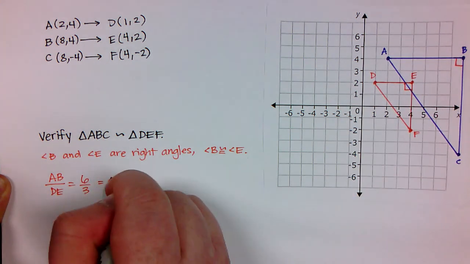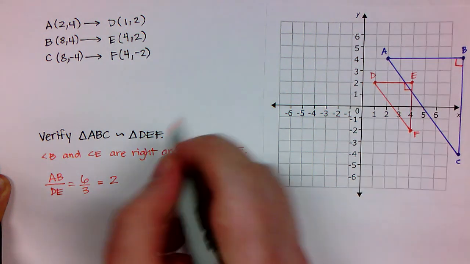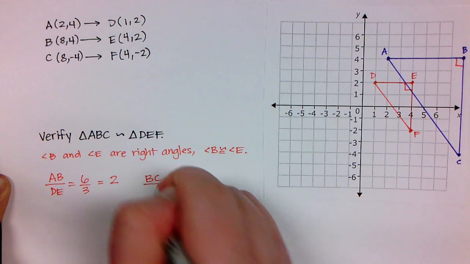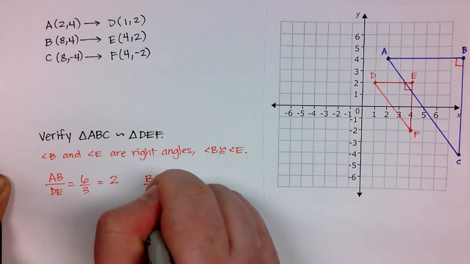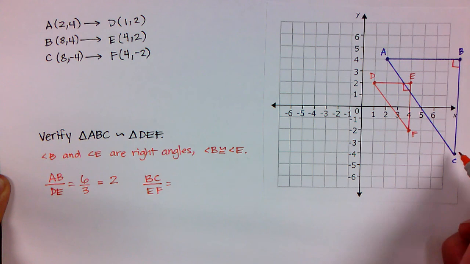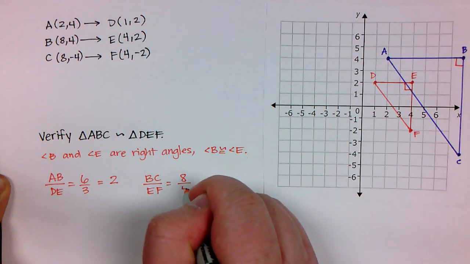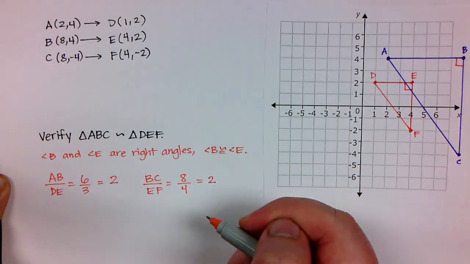So 6 divided by 3 is 2. Let's look now at BC compared to EF. BC looks like it is 8, and EF is 4, and 8 divided by 4 is also 2.